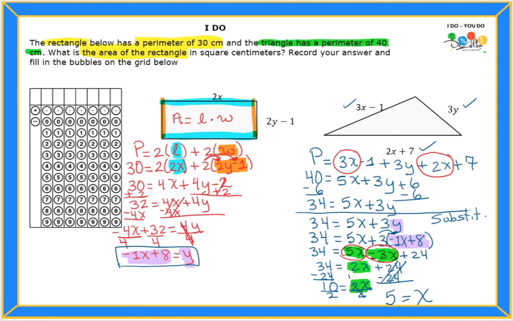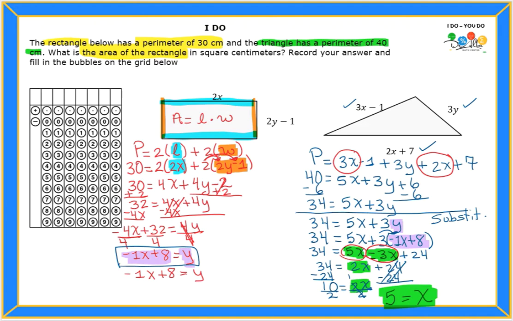So now that's my value for x. But that's not it, right? Because now I need to go back and find the value for the y. Okay, so I'm going to come back to my rectangle. And I do have an expression here, which is negative 1x plus 8 equals y. So notice how I have both variables, x and y.